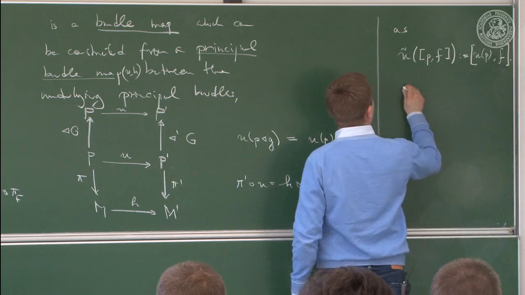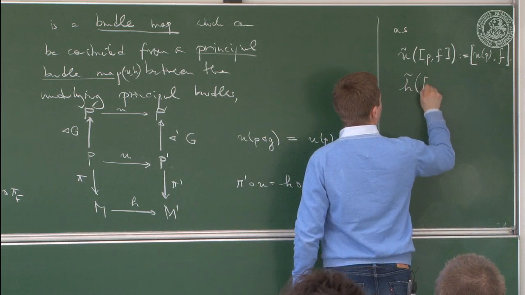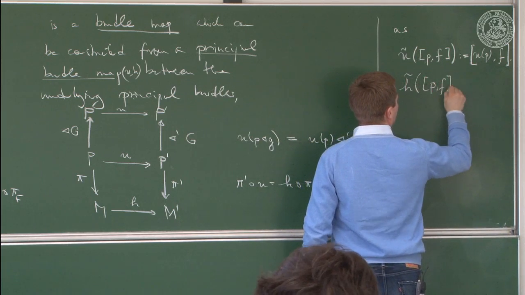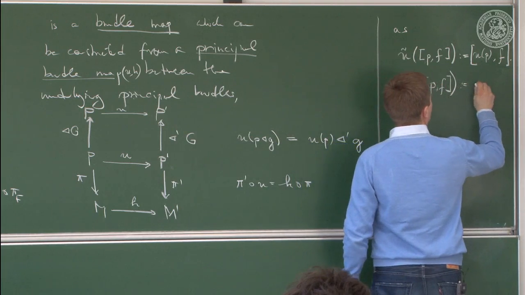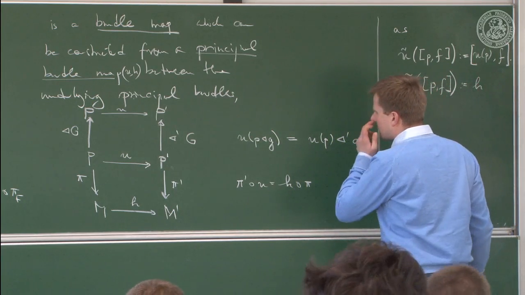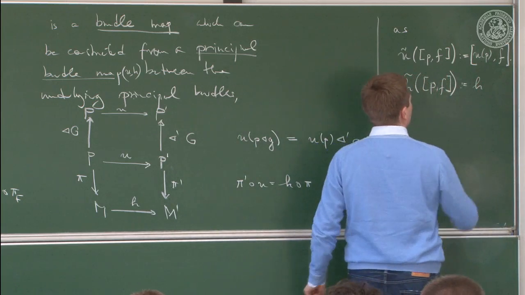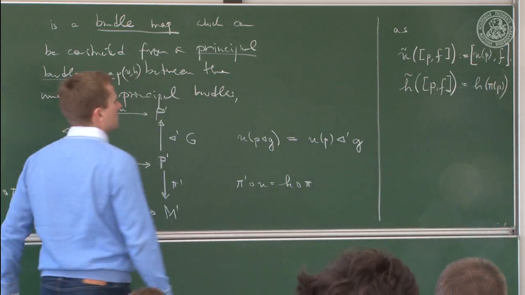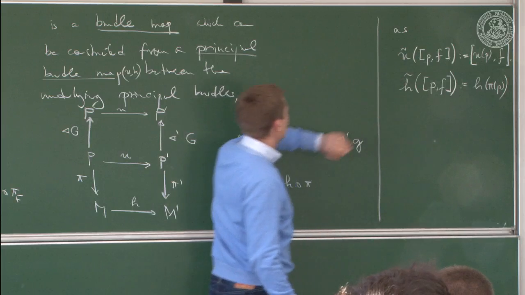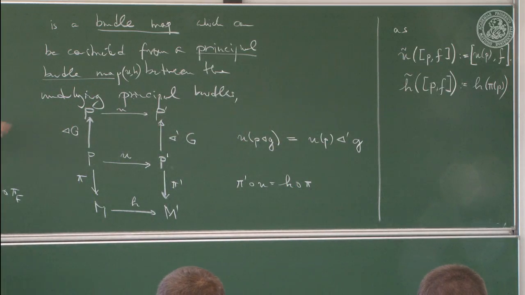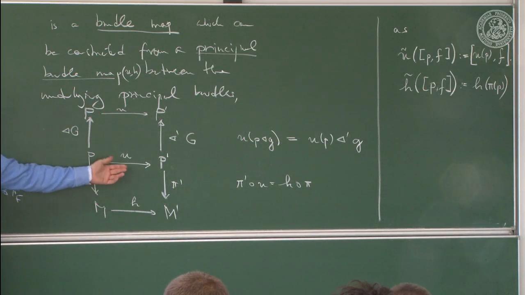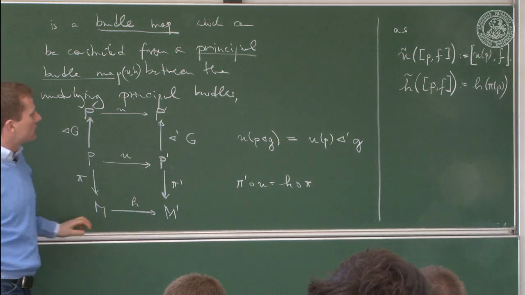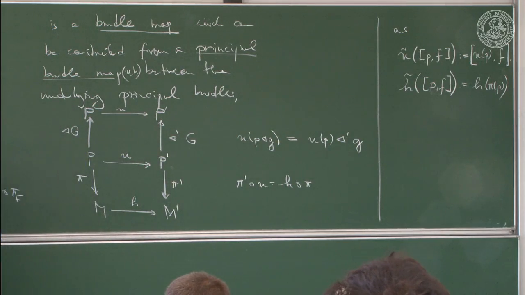And we also have to provide the H twiddle of the class of (P, F), and that is supposed to be the H down here of pi of P. And then this (U twiddle, H twiddle) has to take this shape. It's induced from here. Okay? And obviously, by requiring that this (U, H) is a principal bundle map, we take into account the very specific structure of an associated bundle.